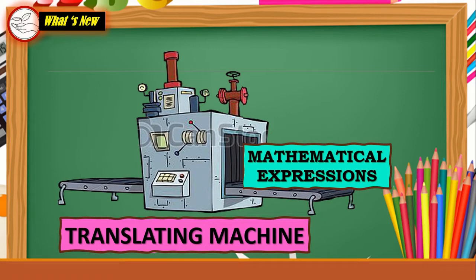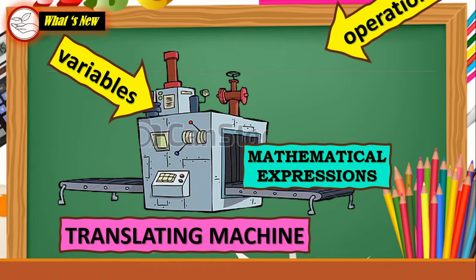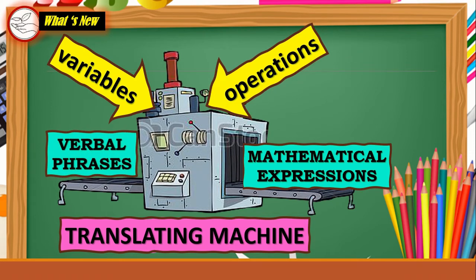But how did you do it? How did you choose the variables and operations in translating to a mathematical expression? Now, in this lesson, you will deepen your understanding and knowledge on mathematical expressions and encounter some expressions that are not polynomials.